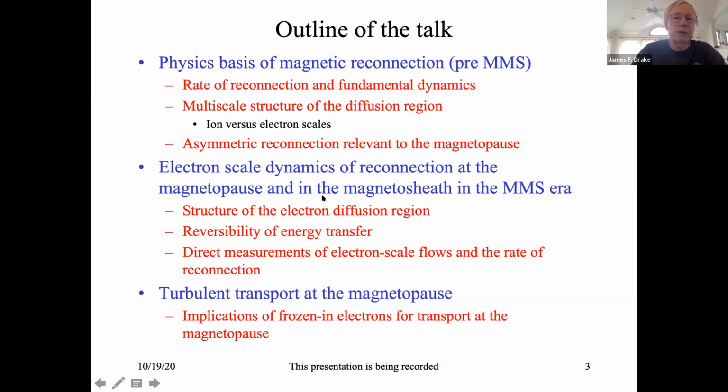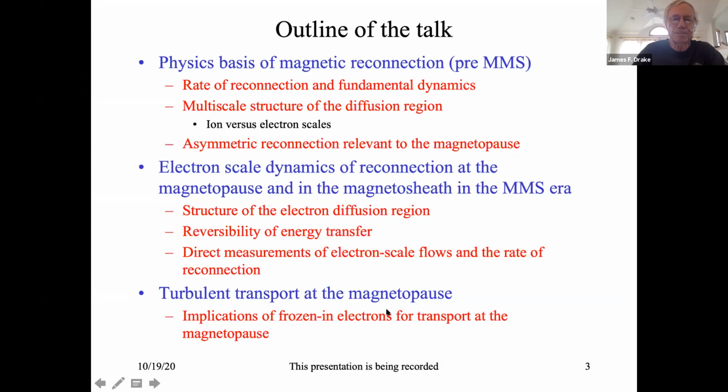In particular, I'll talk about reconnection at the magnetopause and some important things that have been discovered with the MMS observations, as well as simulations that have been in support of those observations.